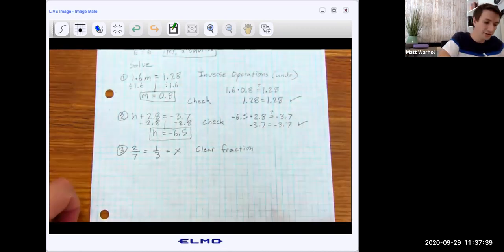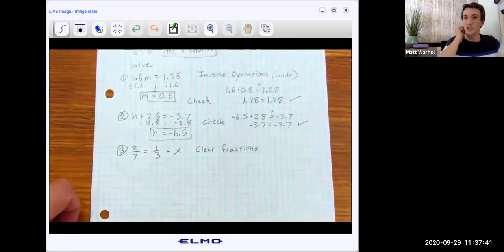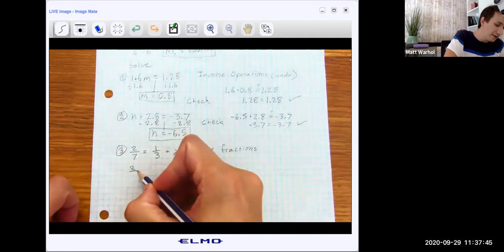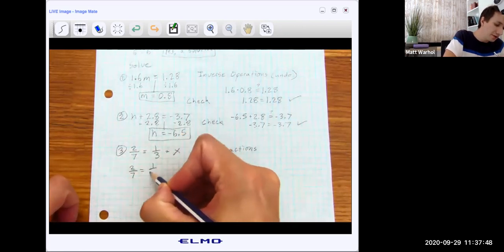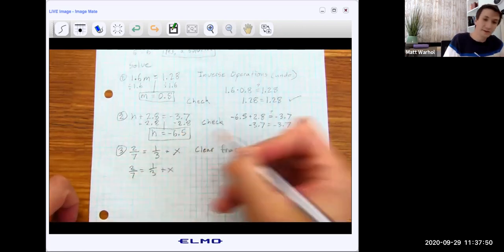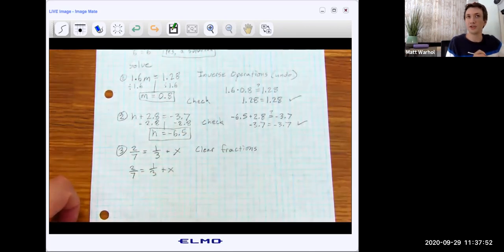To clear my fractions, I want to change my whole equation. I'm going to rewrite it here. I'm going to take my whole equation and change it so I don't have any fractions. And the way to do that, and we'll talk more about why this works, right now let's tell you what to do.